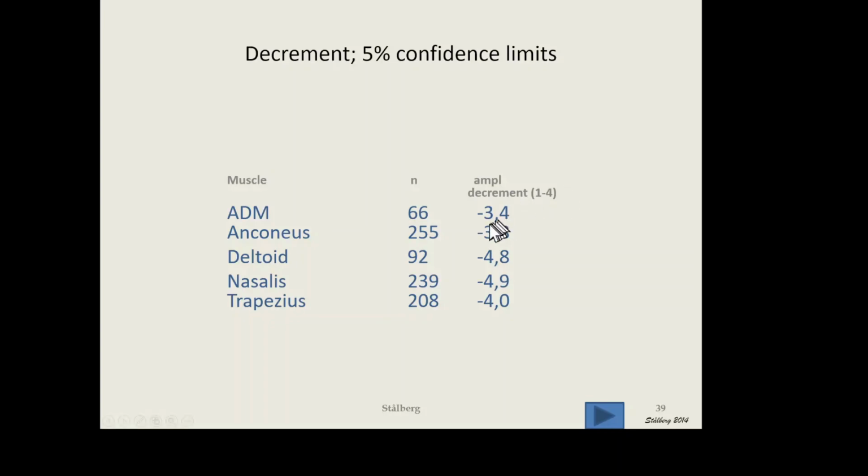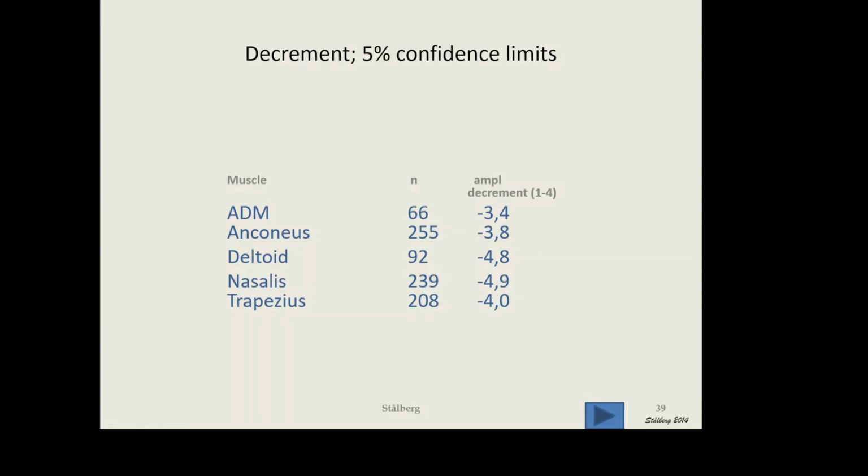And we have looked at some patients that did not have myasthenia but were referred for that to our laboratory, and we found that in the abductor digiti minimi 3.4%, anconeus 4%, deltoid 5%, nasalis 5%, trapezius 4%. So we have set the limit to 5%. It is the 5% confidence limits, and the decrement should not exceed 5%.